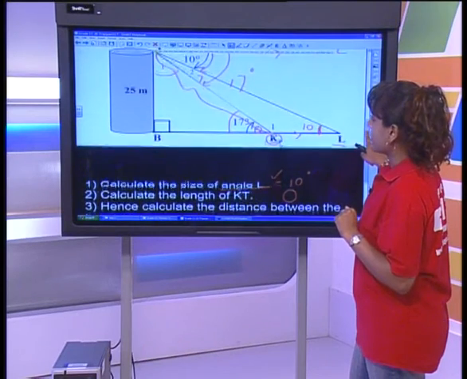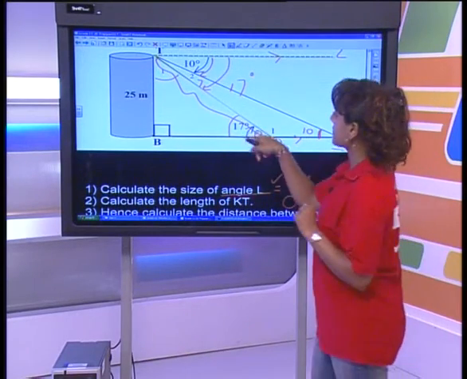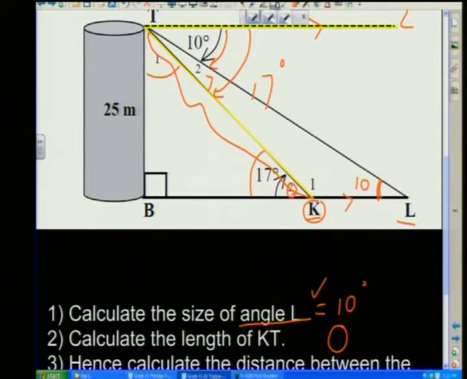All right, so if we look at angle K2, let's just take off some of these markings so we can have a look at that angle. That's the given angle. The side we are looking for, which is right next door, KT, is adjacent to angle 17.